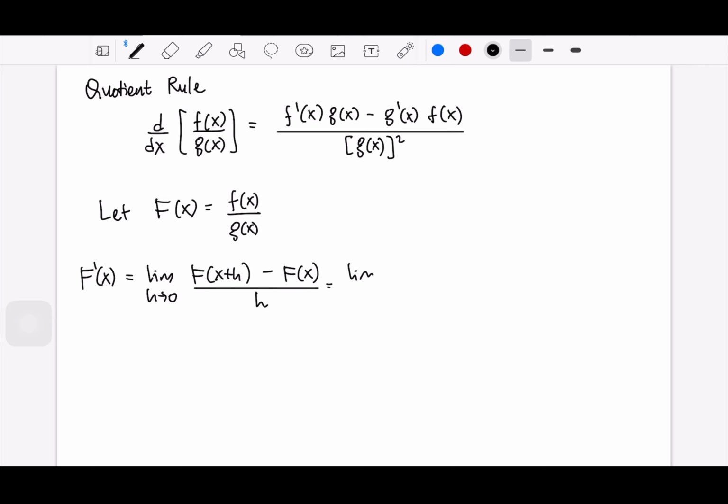So we can have f of x plus h and g of x plus h minus. So let's exchange all the functions.